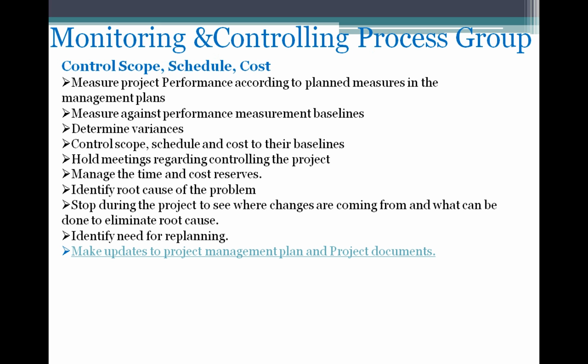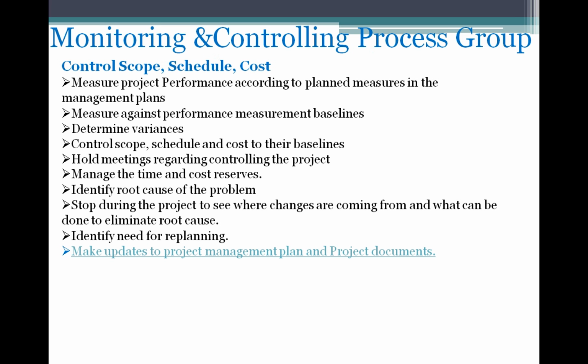If it is a cost variance, he adjusts within the cost reserves, and if it's time, he adjusts the time reserves. And if the project is behind the schedule, then you try to crash the project or fast track the project. Any cost involved in that, you adjust in the cost reserves.